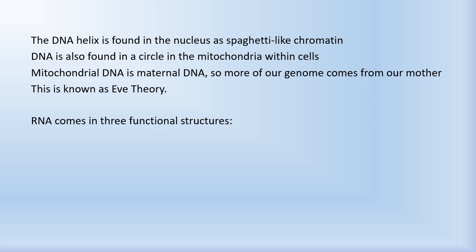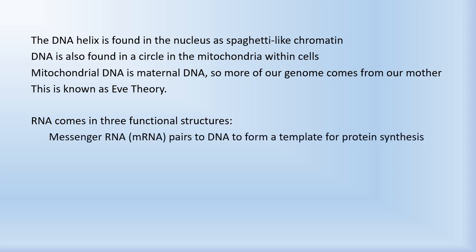RNA comes in three functional structures. Messenger RNA, or mRNA, pairs to DNA in the nucleus to form a template for protein synthesis. The nucleotides of RNA pair to the nucleotides of DNA, C to G and A to T or U. Ribosomal RNA forms the ribosomes that read messenger RNA, and the ribosomes are found outside the nucleus.